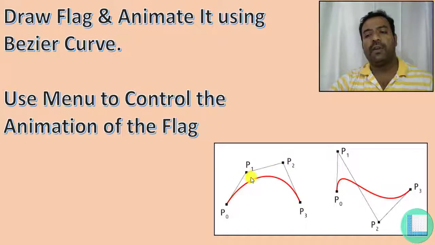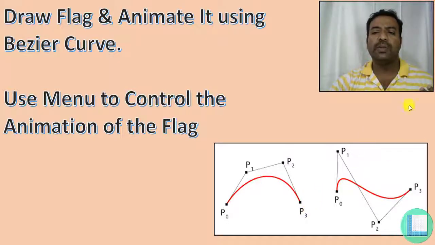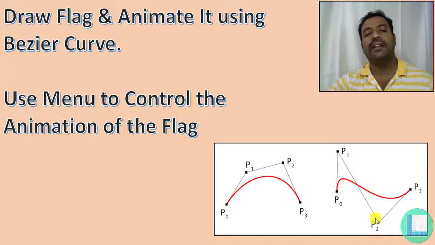The reason we call these two control points is that we usually keep P0 and P3 fixed, or if I want, we can alter them, but the way you position P1 and P2 is going to exactly define how the curve is going to look.